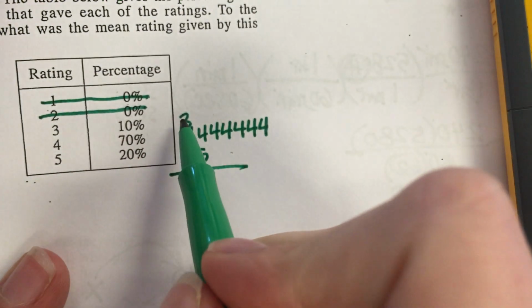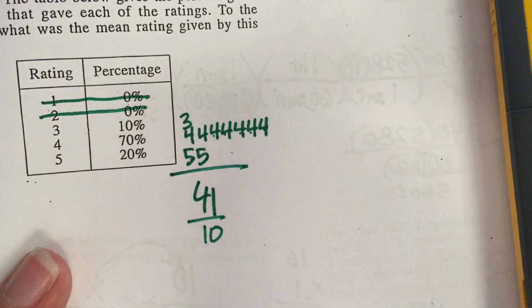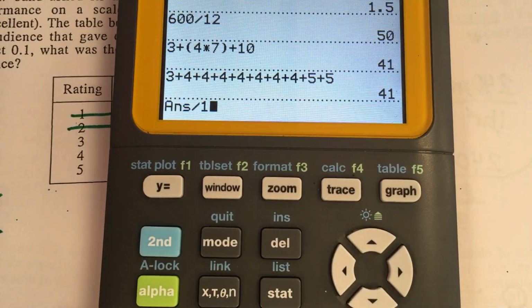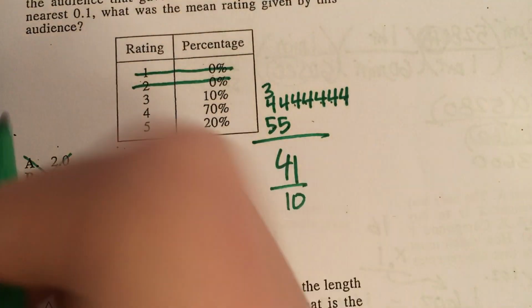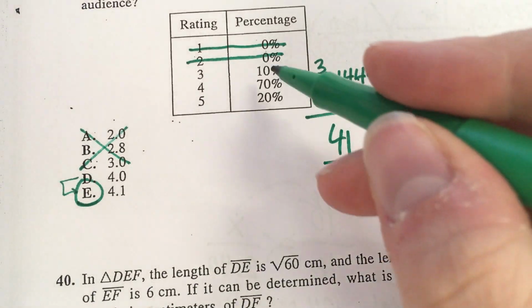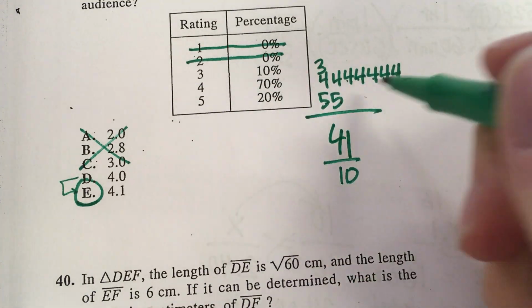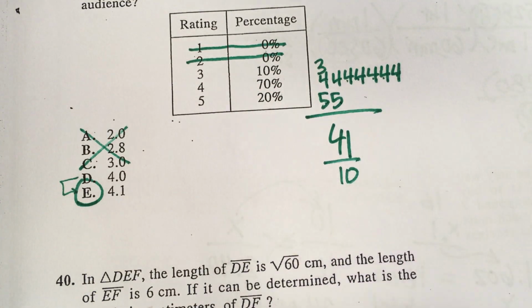So 41. And there are 1, 2, 3, 4, 5, 6, 7, 8, 9, 10 answers. So I'm going to divide by 10, which you guys can guess is 4.1. My answer is E. Right? I just turned these into things that they could be. Most of the people chose 4, so that's why I have so many 4s here.